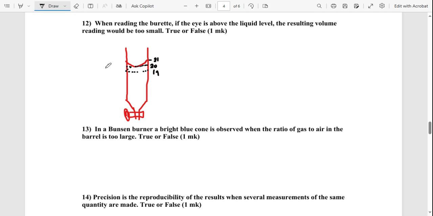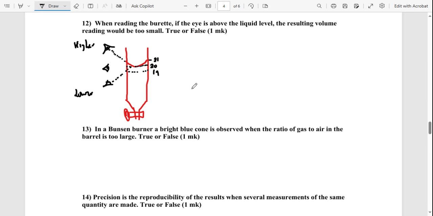So you're supposed to place your eye here if you are to read the correct thing. If you read from the top, what is going to happen is that you are going to read a higher value. You might end up reading 21 instead of 20. And then if you read from below, you might end up reading a smaller value.